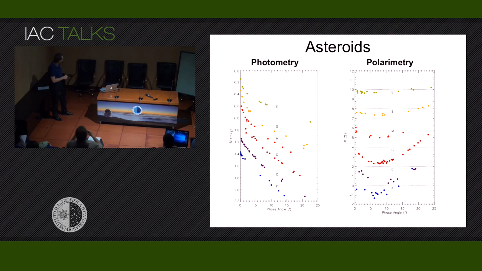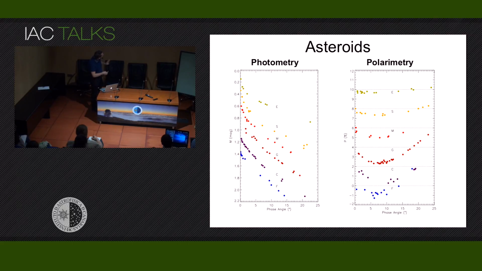Of course, the phase angle now is limited by the geometry of the solar system. So within 25 degrees, we have F, C, G, M, S, E types, and you see the evolution of the opposition effect. And we see the evolution of the negative polarization branch that now you see is an essential part of everything in the polarimetry for asteroids also.